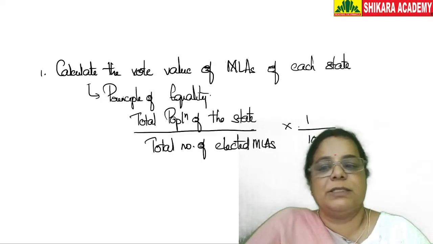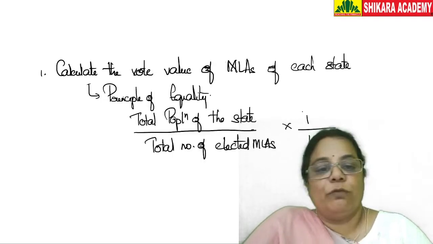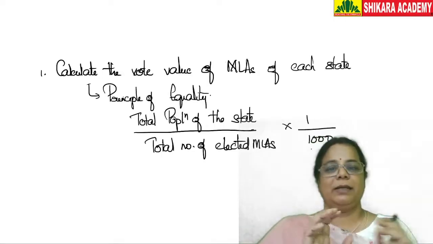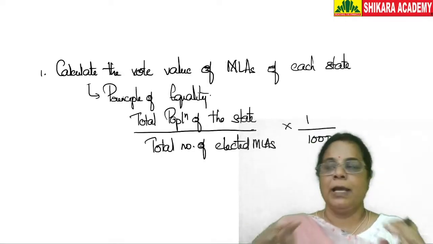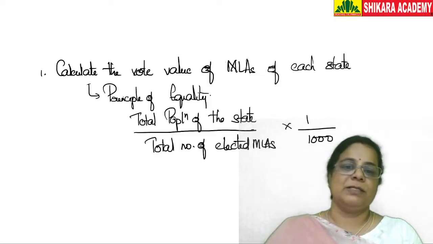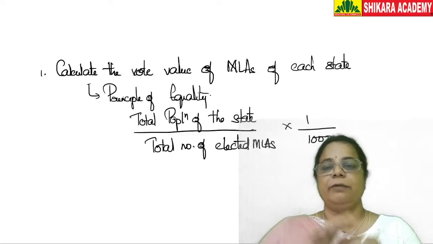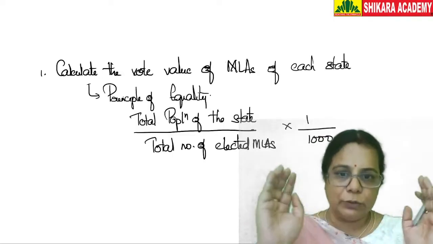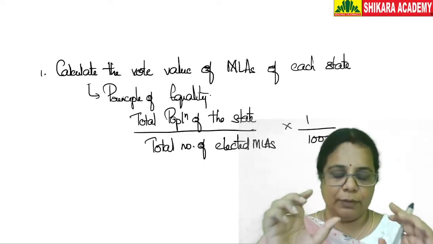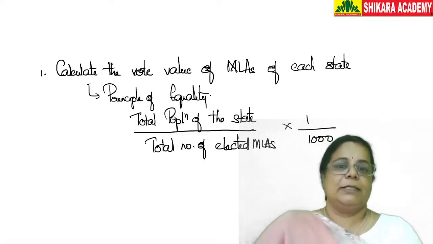Use 1 by 1000. This is very, very important. Now, why do we use 1 by 1000? Because India has a huge population. Imagine if we don't use 1 by 1000, the whole calculation will get very complicated. That is the reason why we use 1 by 1000. It is basically to reduce the number to ease the calculation.